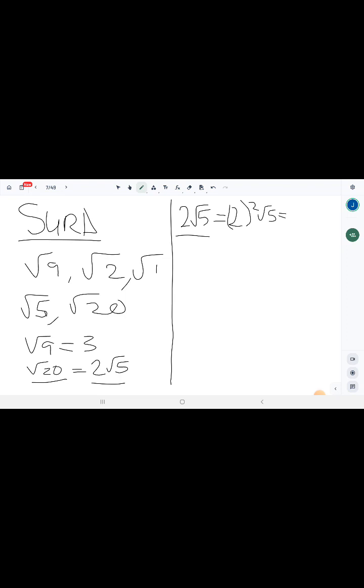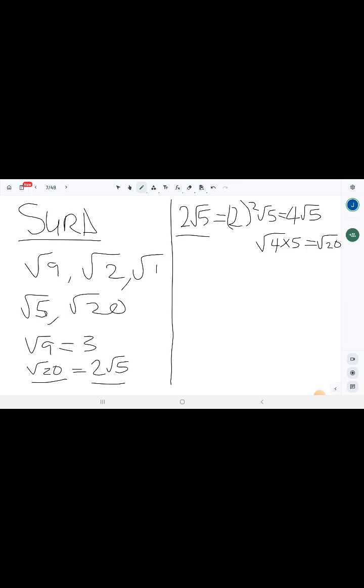Next, 2 times 2 is 4, that's 2 squared is 4, and you still have your 5 here. Next, I would write the square root, bring the 4 inside the square root, so it becomes 4 times 5. And 4 times 5, as we all know, would give us the square root of 20. And that's that for that.